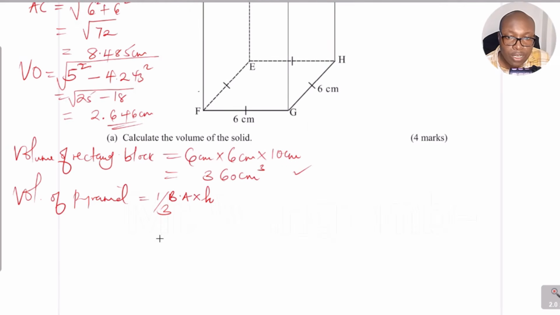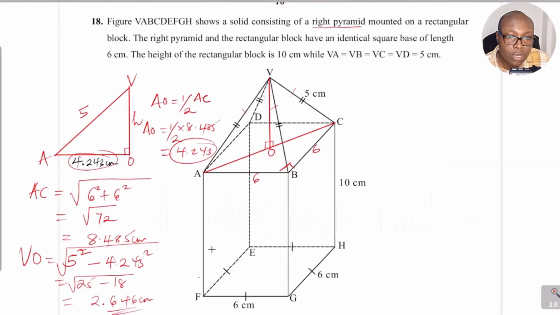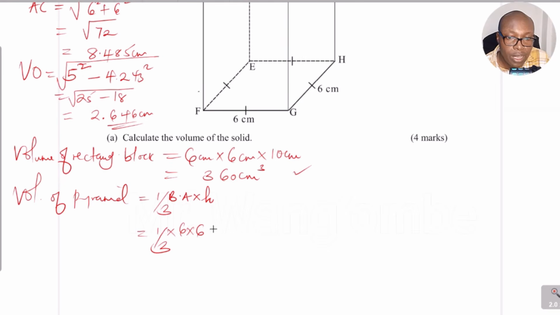So we can now get the volume of the pyramid, which is one third multiplied by the base area. The base area is a square, which is 6 by 6, as you can see there. Then multiply by the height. We got it as VO. Is it 2.4 or 2.6? Yeah, we got it as 2.646.